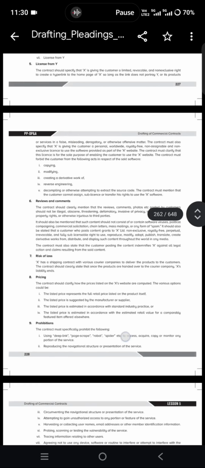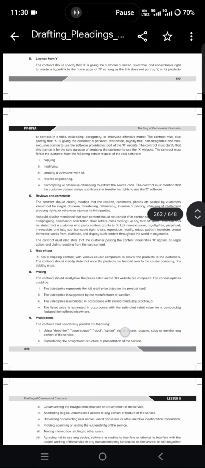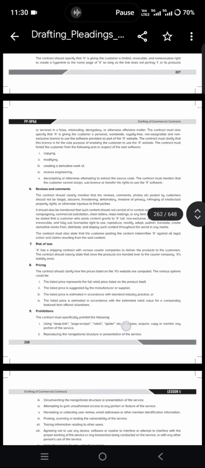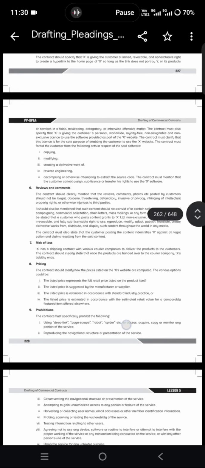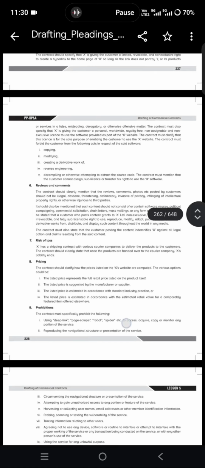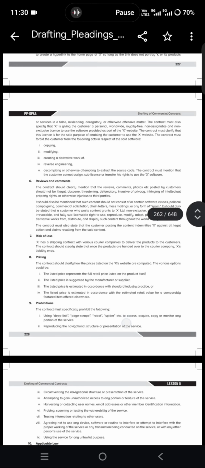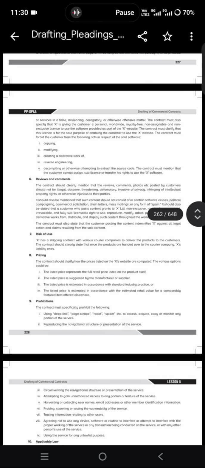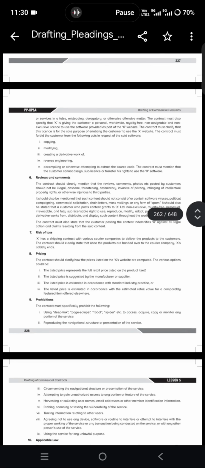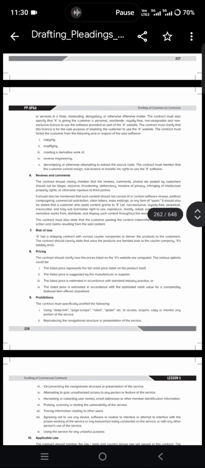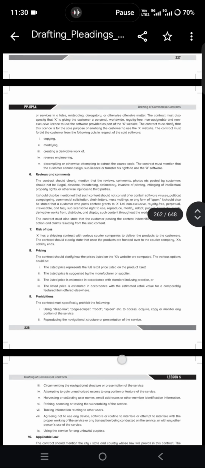Unauthorized use of the customer's account with Y, if someone has unauthorizedly used my account, that is also a website issue. Deletion or failure to store, or failure to process or act upon email messages sent by the customer to the staff. So if something has been deleted or not accessed properly, or failure to store or process, or an error taking place with regard to processing of the customer order. So an error is happening while I am placing the order.